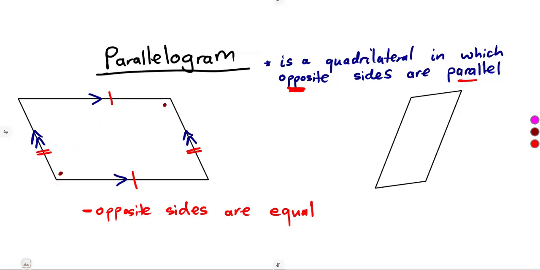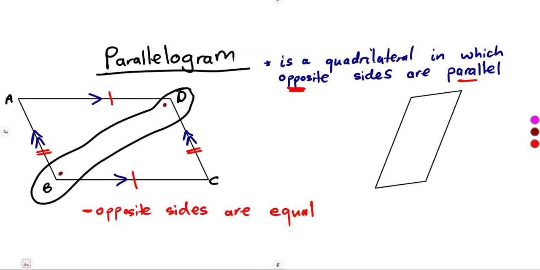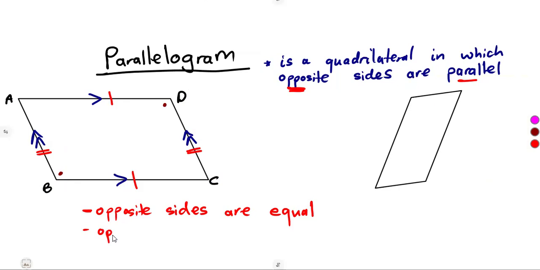So if we say our quadrilateral is given as A, B, C, D, angle B and angle D are equal. This is the other property. You must know these properties by heart from now, guys. You are going to continue with these properties until you finish grade 12. So opposite angles are equal.